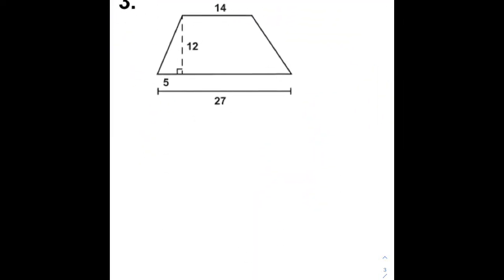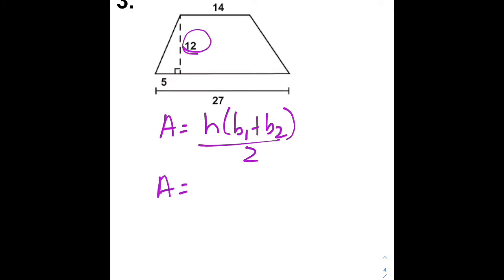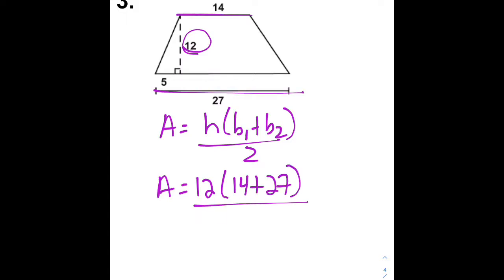So in problem 3, I identify that it's a trapezoid, and area is equal to the height times base 1 plus base 2 over 2. So the height in this problem is 12. Base 1 and base 2 are 14 and 27. It doesn't make a difference which ones you want to use. And then I divide by 2.